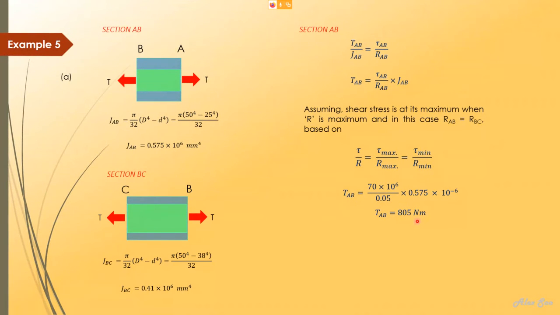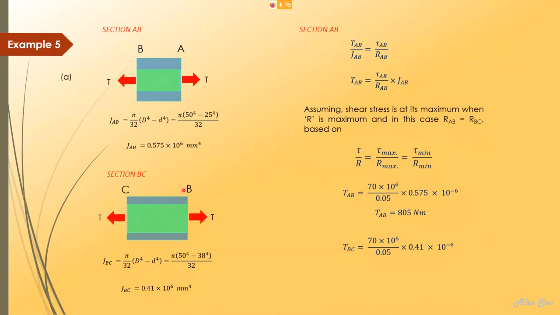Now, basically, we know that in theory, both the internal radii are different, but the external radius should be the same. So what we can do here is we work out both torques first, using both polar moments of inertia.